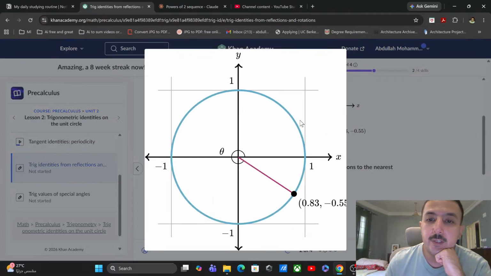So this is 2 pi. 1 pi is going to be here. 2 pi is the full circle. Minus theta.